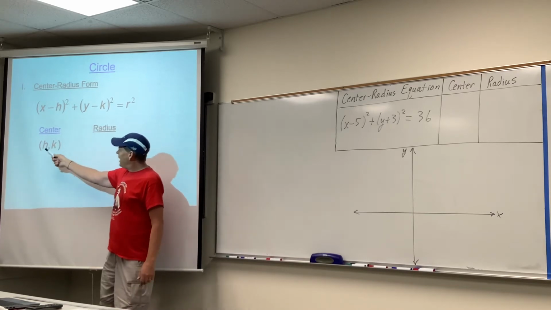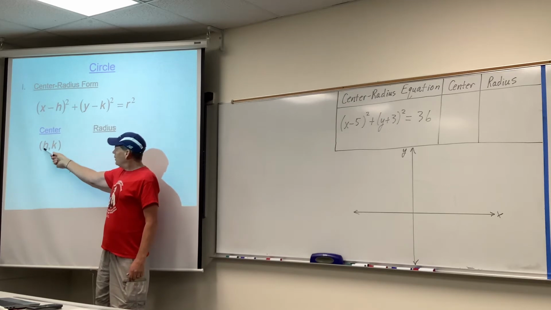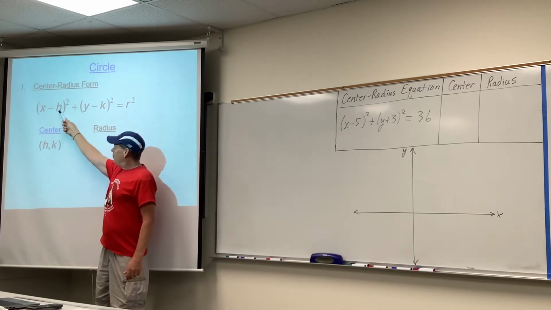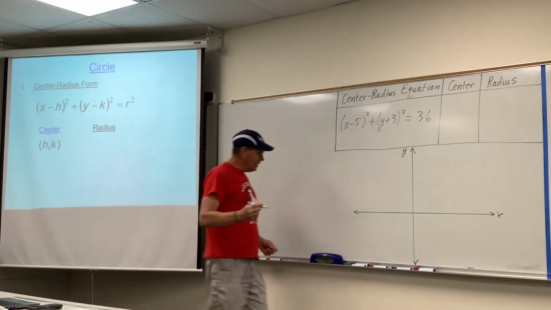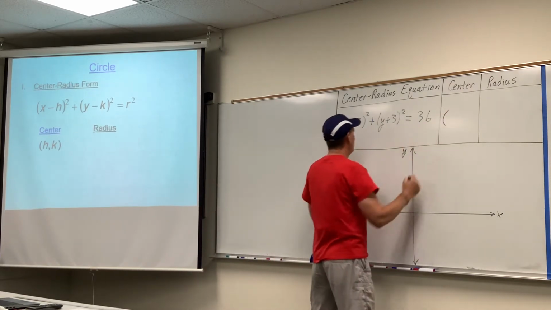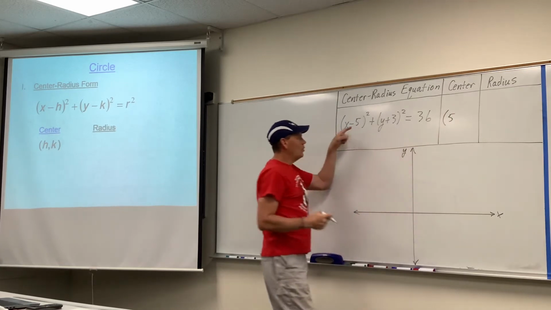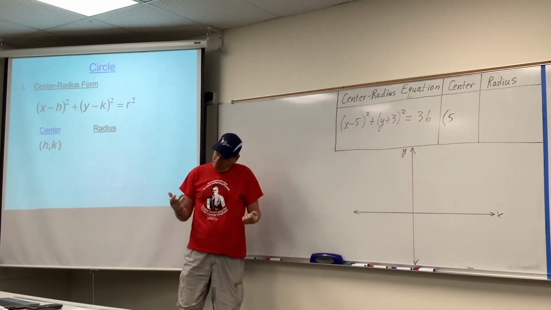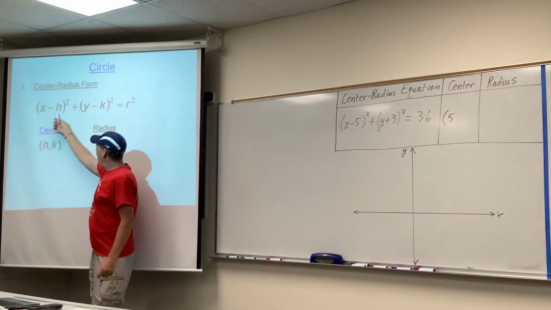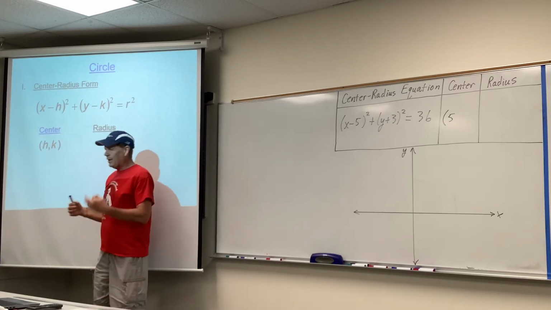And you notice that the x-coordinate of your center point is going to be the number being subtracted from x. So on this one, you'd hopefully look and go, oh look, 5 is being subtracted from x. So that would be the x-coordinate of that center point. h, the number being subtracted from x, is your x-coordinate.